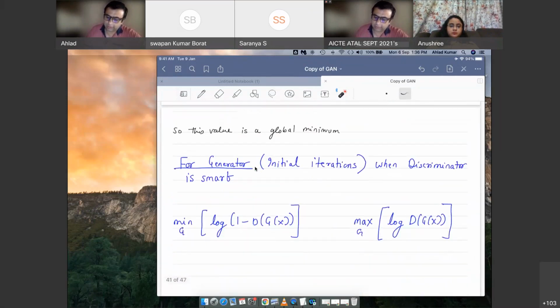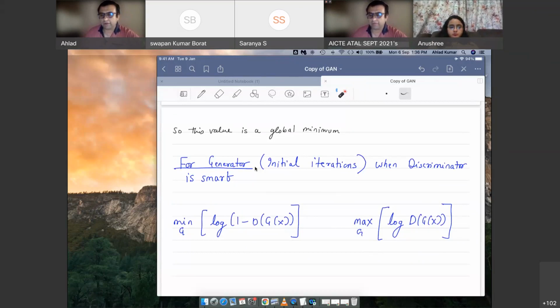And another important concept that I want to tell you is that during the training, as I told you, with respect to the minimization of the G, what they have proposed was to use log 1 minus D of G of x, which I was telling you earlier, which we had defined also.